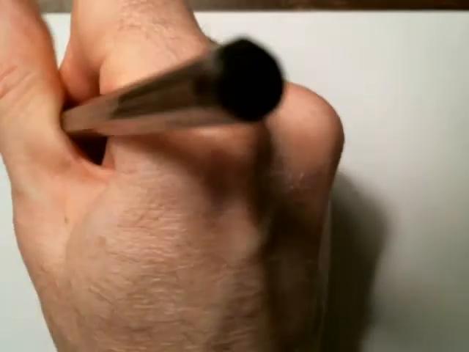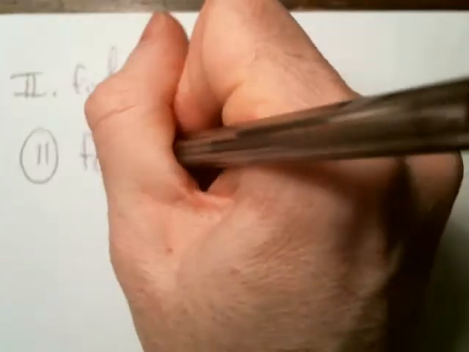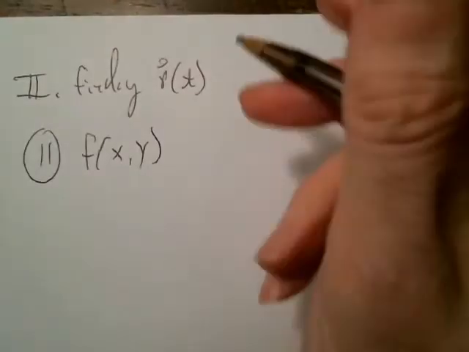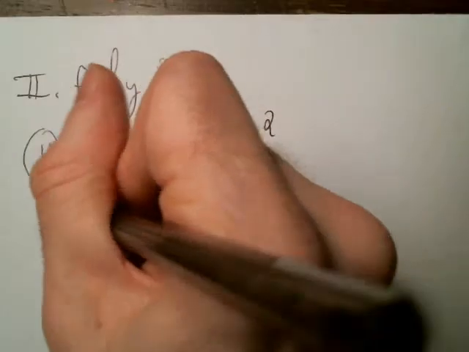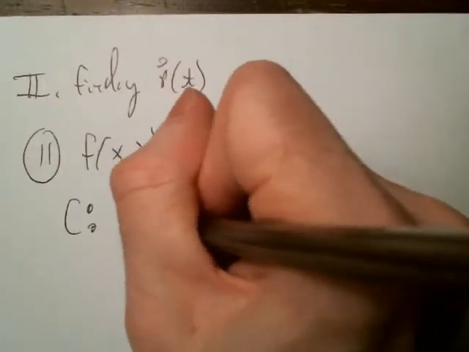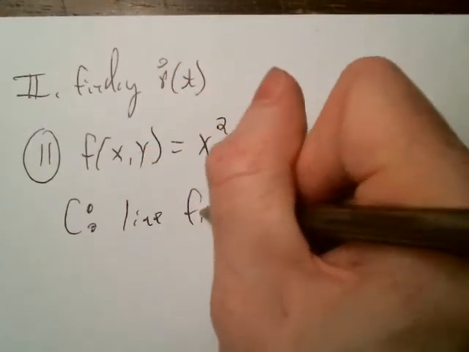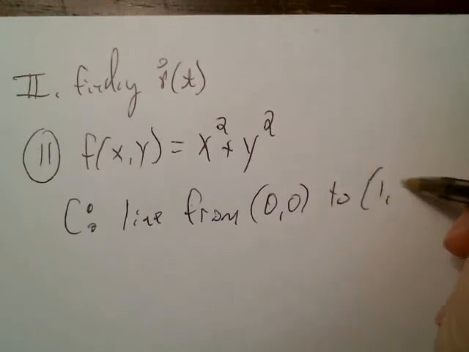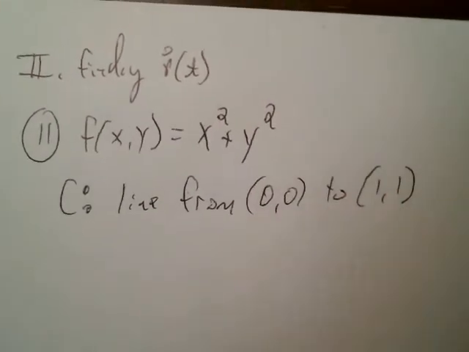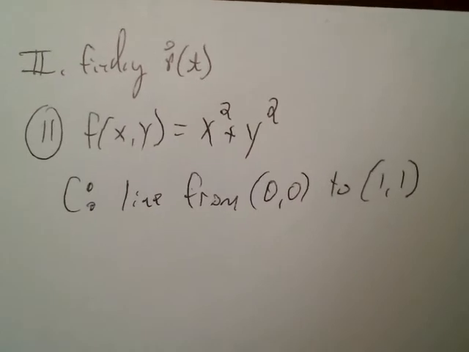Okay, so number 11, where ultimately we were trying to find the line integral of f, which is this x squared plus y squared thing, over the curve C, which is the line segment from 0, 0 to 1, 1. And right now, all we want to do is just figure out the r of t function.